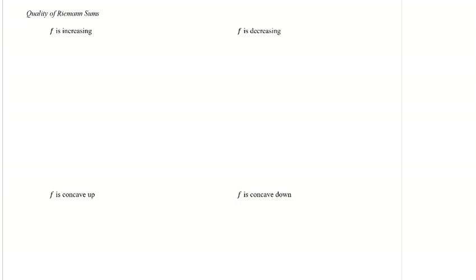Okay, f is increasing. Now I'm going to draw two increasing functions. What's the difference between these two increasing functions? The concavity. So the point I'm making is that the concavity does not matter for left and right Riemann sums. Okay. So a left Riemann sum, I'm going to do in blue.